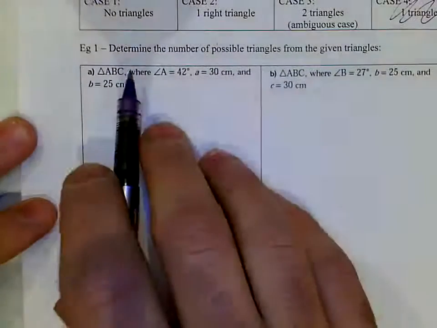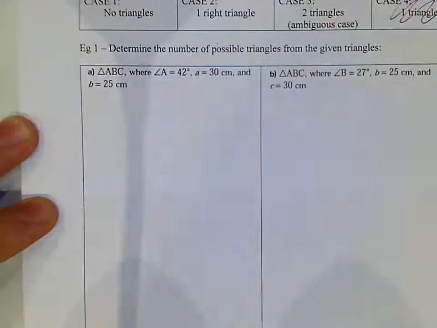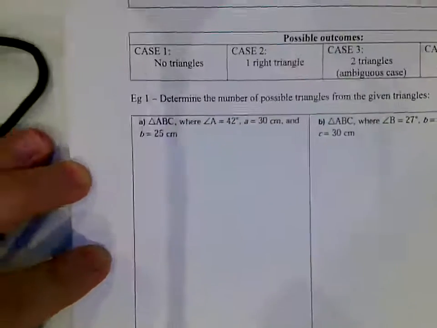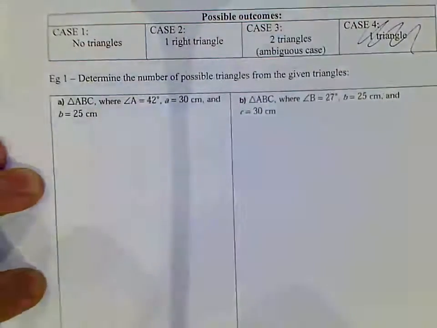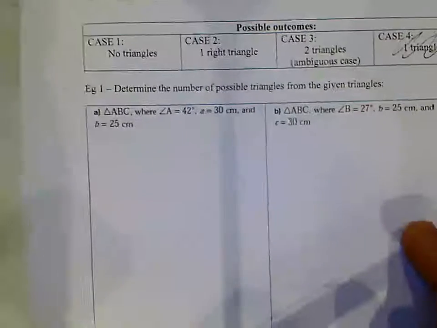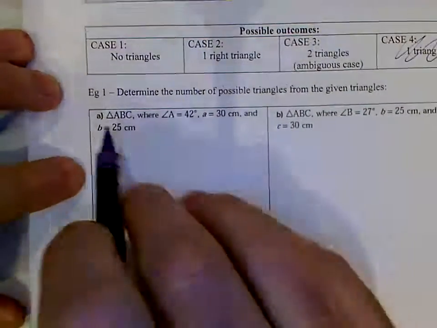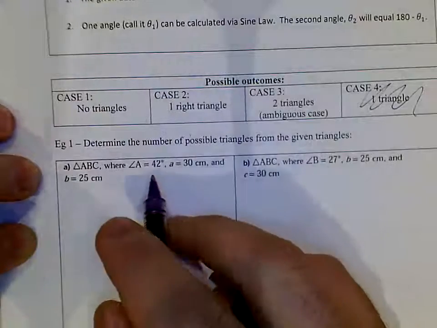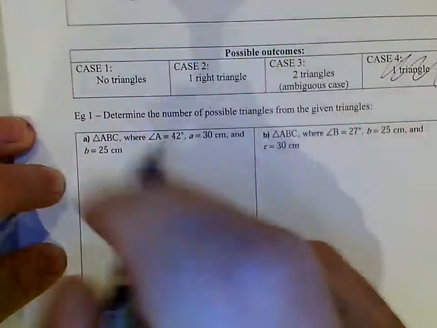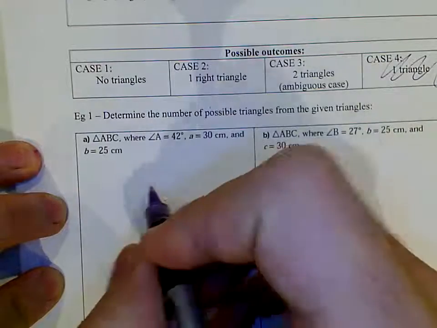Okay, let's give this first one a go. Determine the number of possible triangles for the given triangles. Isn't that funny? What a strange way to word this stuff. Okay, so triangle ABC, where angle A is 42, side a is 30 centimeters, and side b is 25.